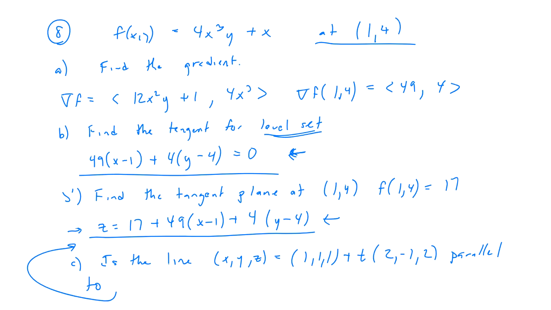So the only difference between a tangent line for a level set and a tangent plane for a level set is that the original function, instead of having 2 variables, would have 3. And so you get something like 49x minus 1 plus 4y minus 4 plus 3z minus 2 is equal to 0. And if there were 4, which I'm not going to do, you'd have the 4 variables still equal to 0.